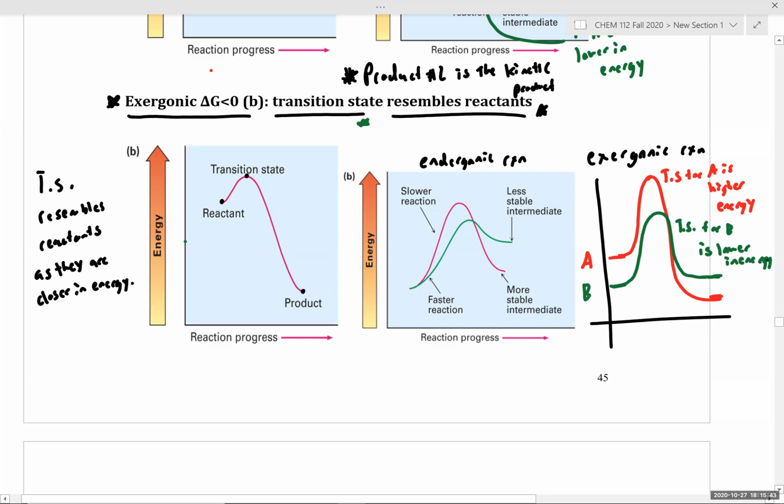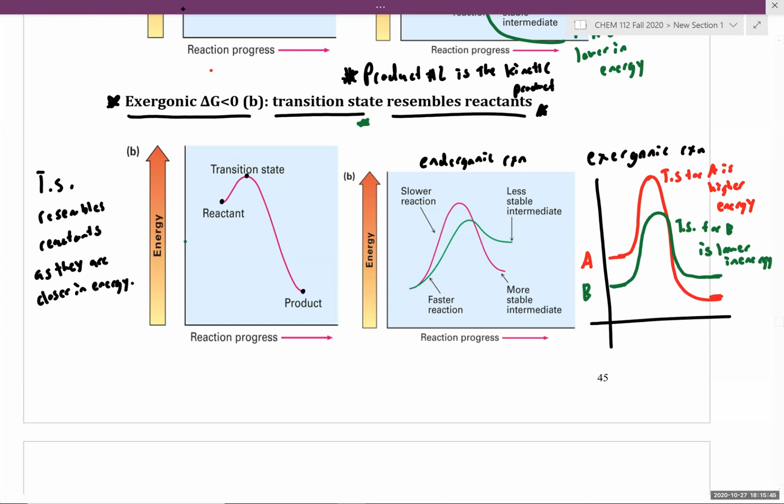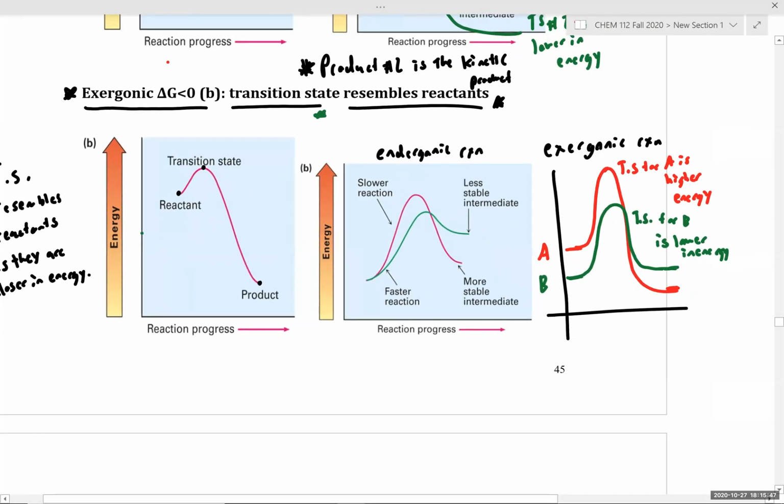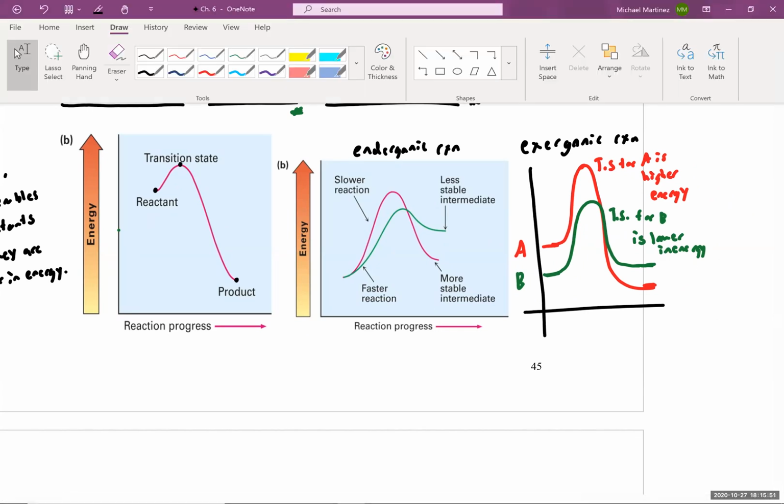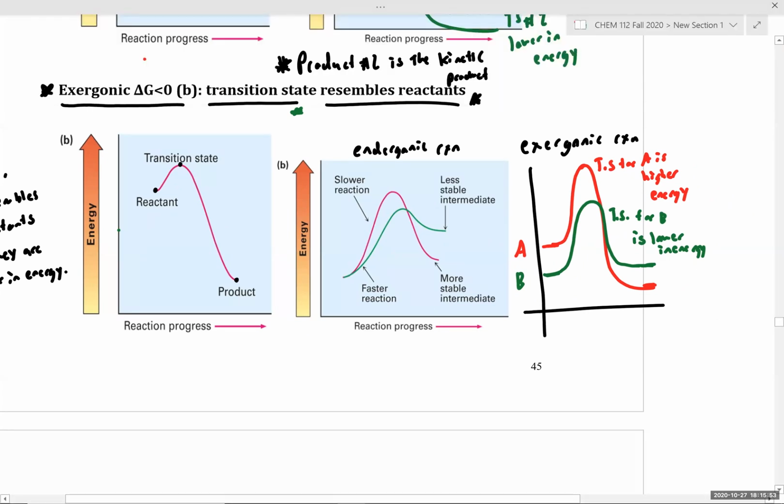Now, what's really interesting, and the reason why I wanted to draw out a sample reaction coordinate, is that if we look at product A, what would we call product A? Is product A a kinetic or thermodynamic product?